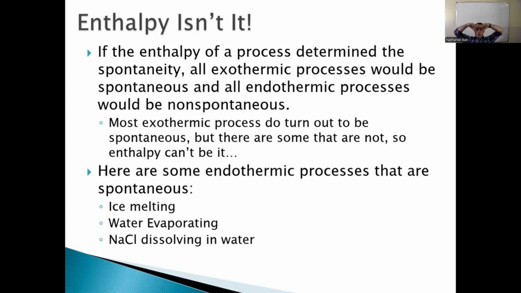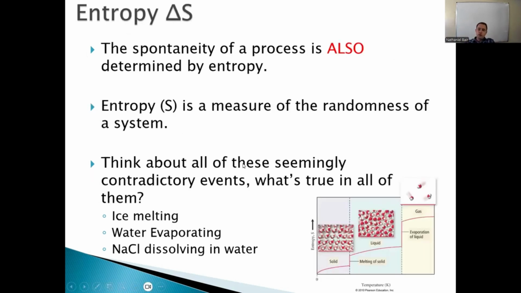And when it dissolves, water rips that crystalline lattice apart, and the water molecules wrap themselves around the ions, creating those ion-dipole interactions. Now the sodium chloride particles are more randomly distributed throughout the solution than they were before, trapped in these crystalline lattices. So it has to do with the randomness or disorder of a system. Entropy is a measure of the randomness of a system.